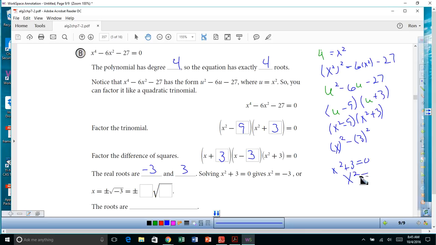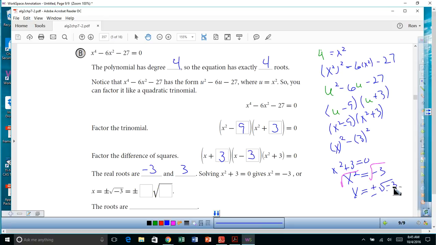X squared equals negative 3. Take the square root of both sides, and that gives you x equals plus or minus the square root of negative 3. We'll write that a little bit better.